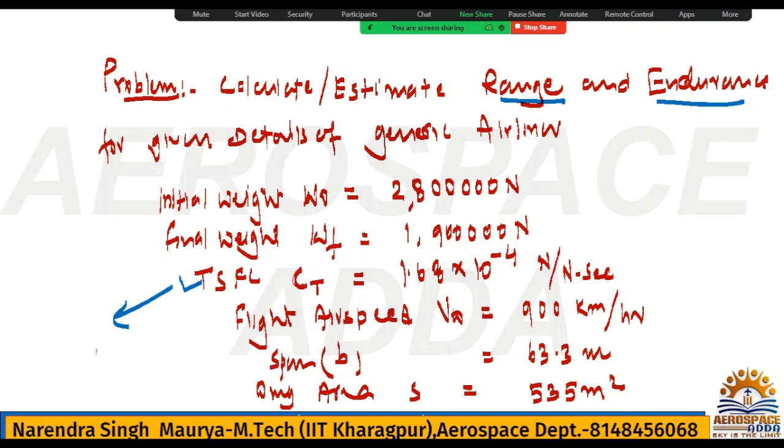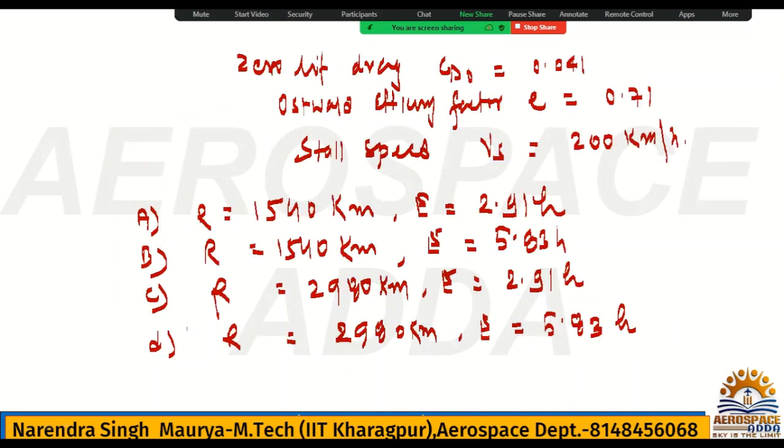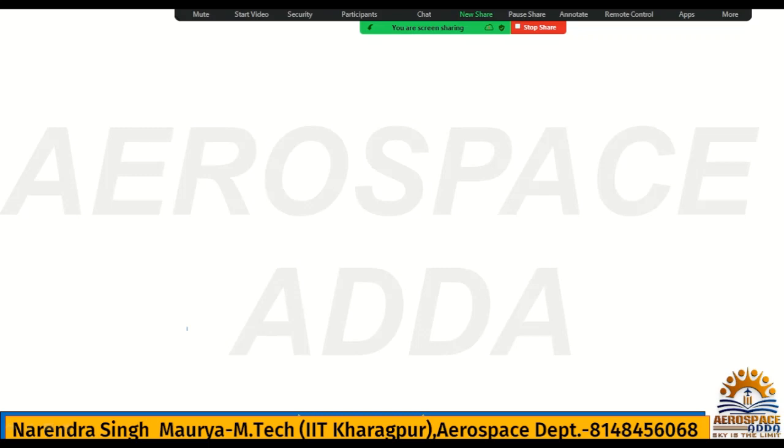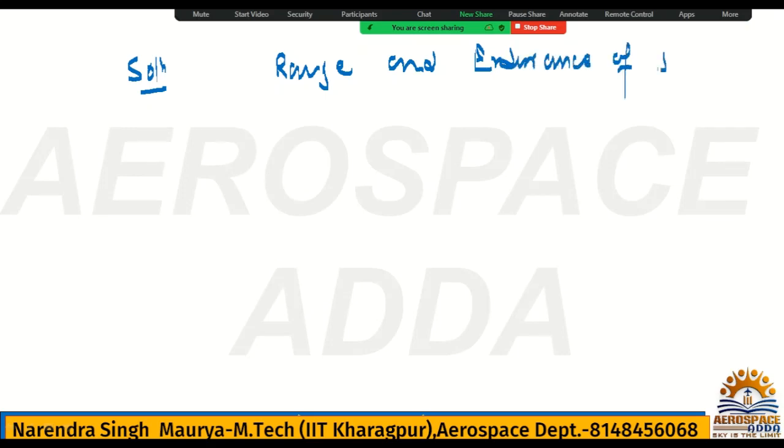It means it is a jet engine. That is one clue. If they have given thrust specific fuel consumption or CT, you need to write range and endurance of a jet engine.